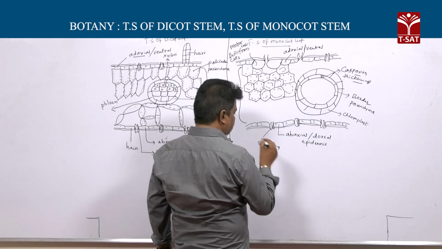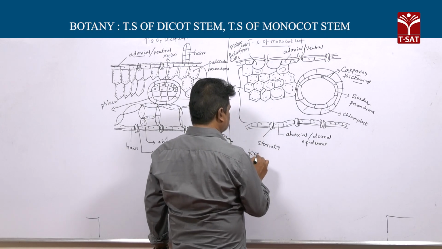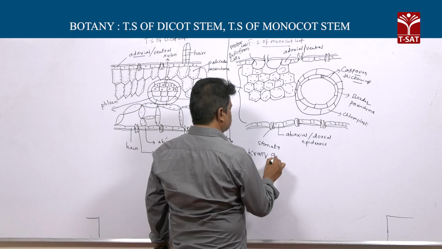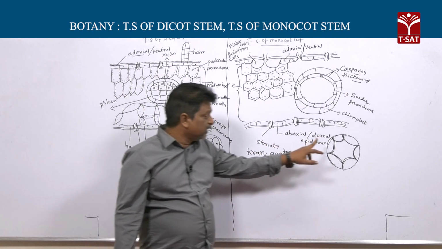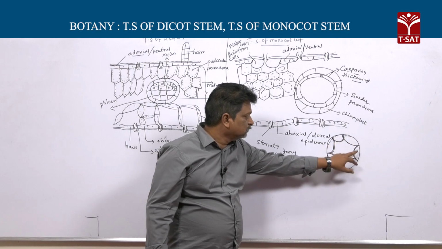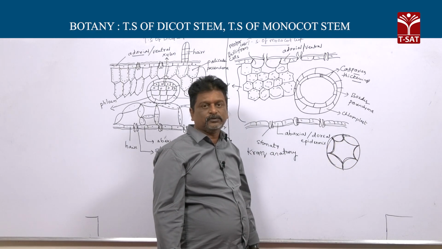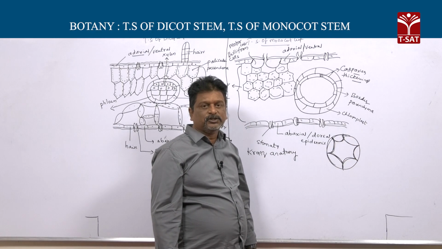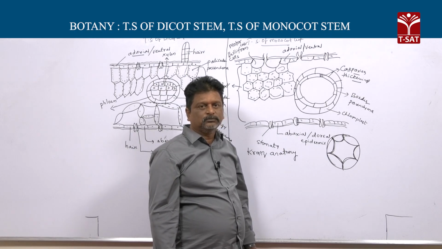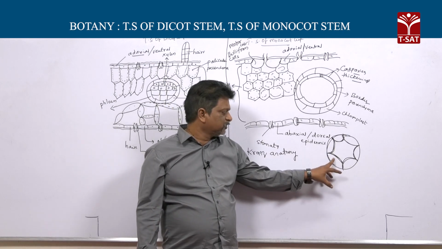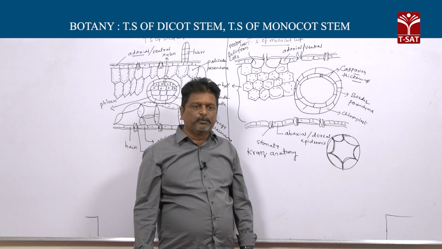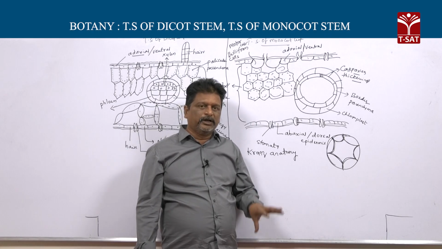In some monocots there is Kranz anatomy. Kranz anatomy refers to the bundle sheath cells, which are large, thick-walled, without intercellular spaces, and impermeable.